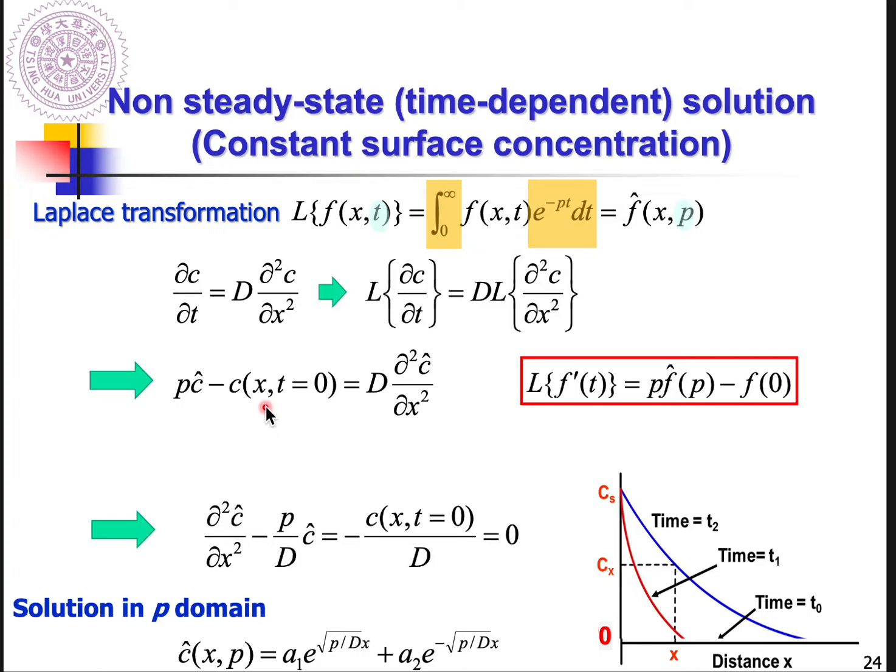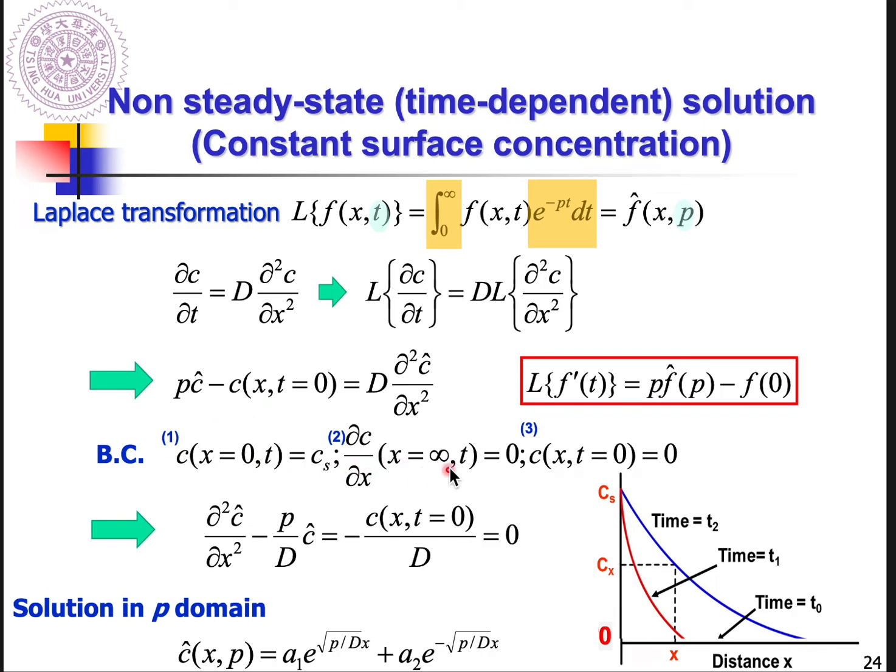In order to get the solution for this diffusion equation, you need to use boundary conditions. Here there are three boundary conditions. The first one is at location 0, at any time point, c equals Cs.